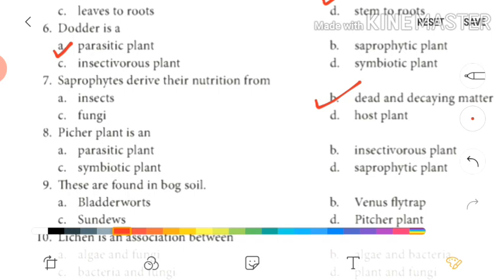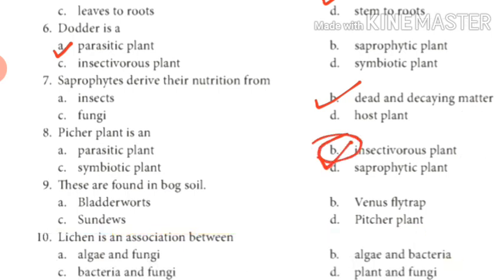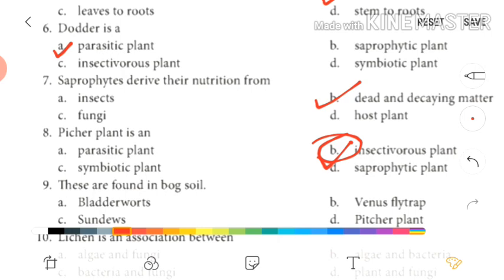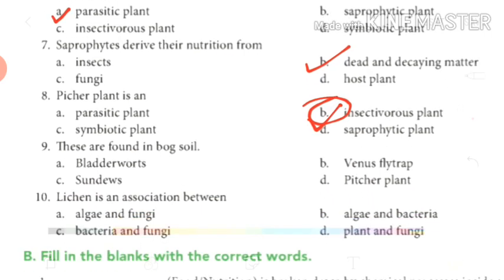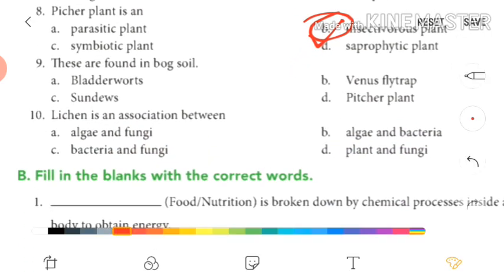Now eighth one, pitcher plant is an insectivorous plant. Answer is B, right? Now ninth one, these are found in bog soil.